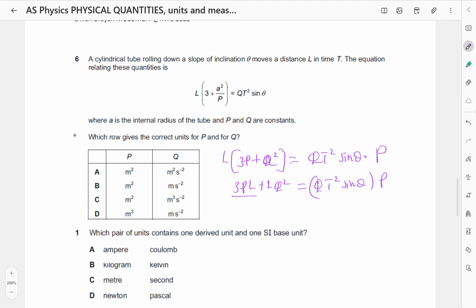So if I add 3PL plus La², if I add these two quantities, then they should have the same units. However, this is a, it is not Q, this is a.